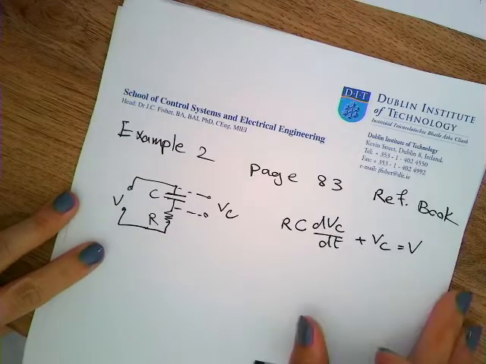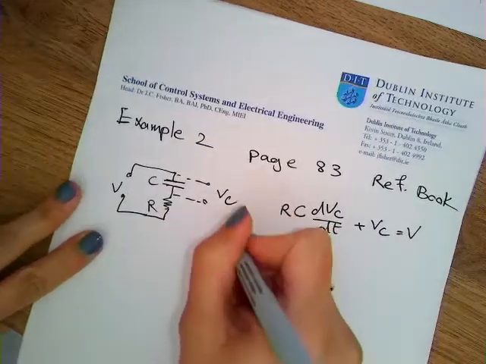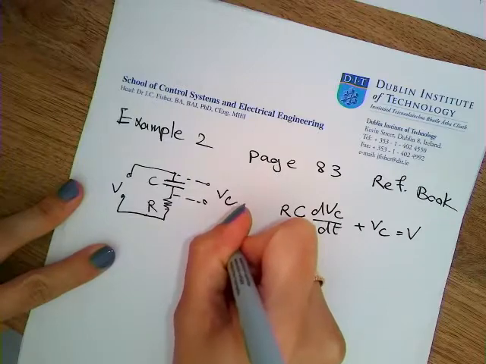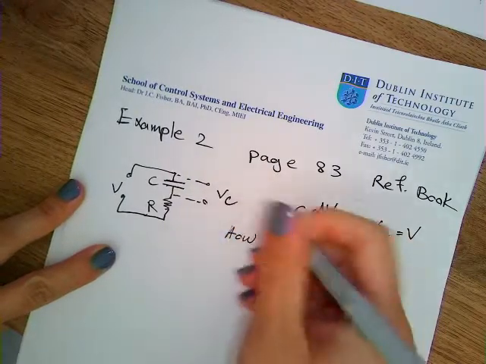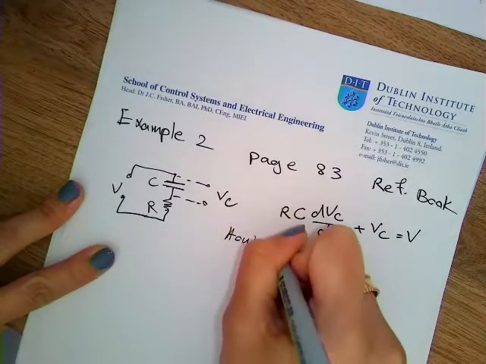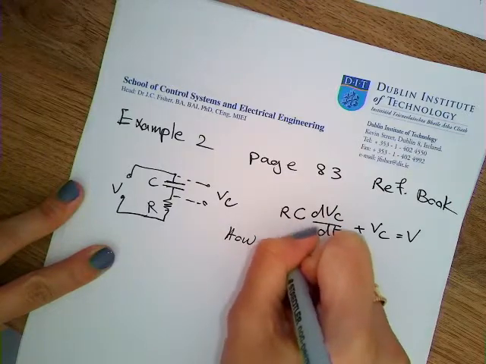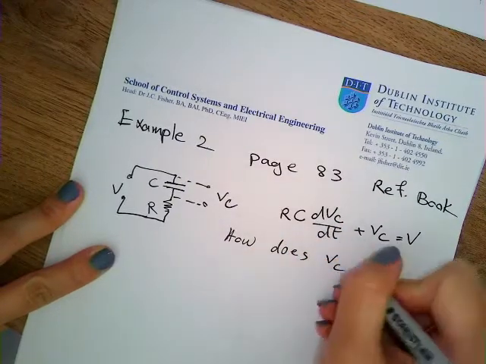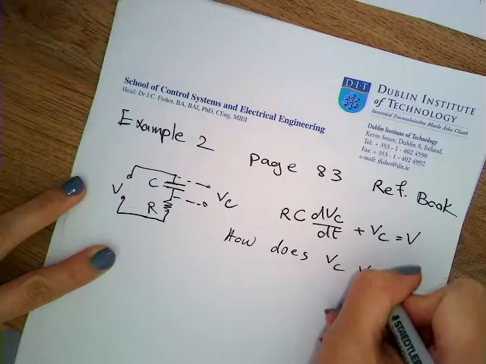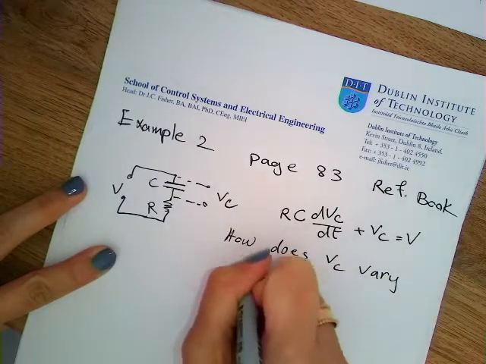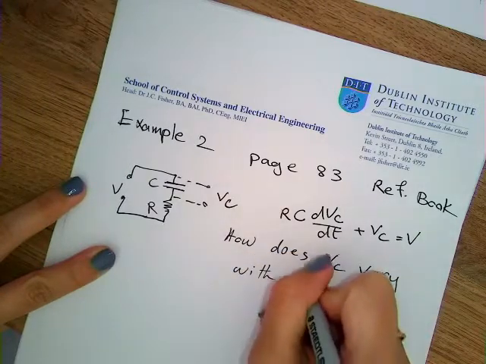So that is the question. Let's write it down. How does VC vary with time?